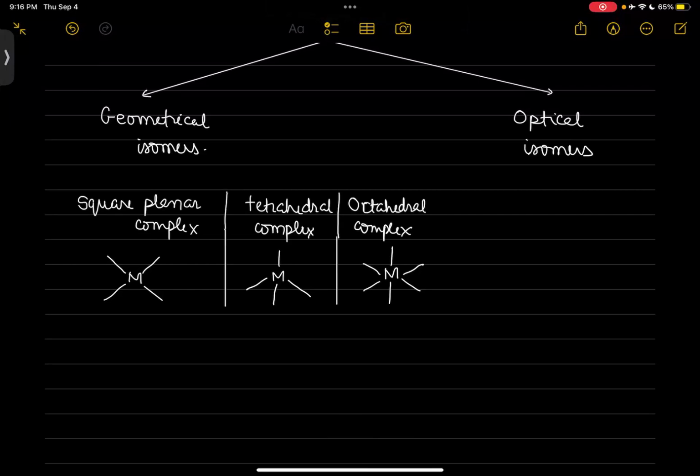Or where is there no possibility of showing geometrical isomerism? What all complexes are capable of showing geometrical isomerism?